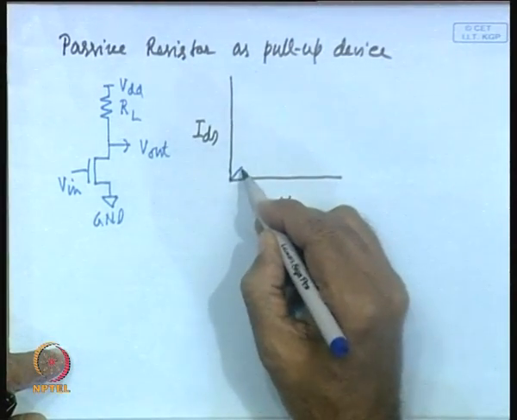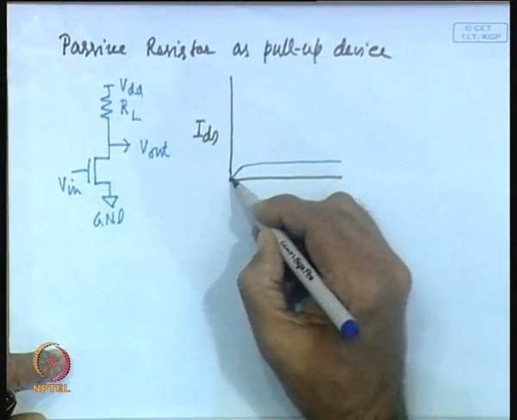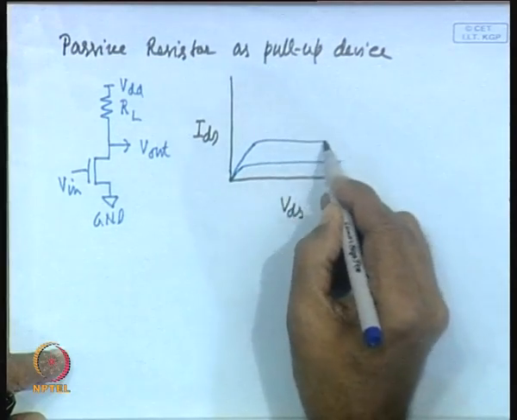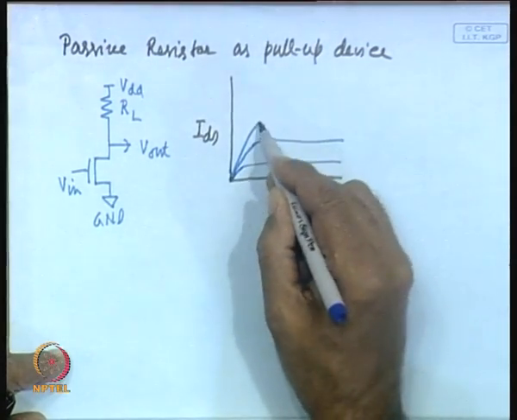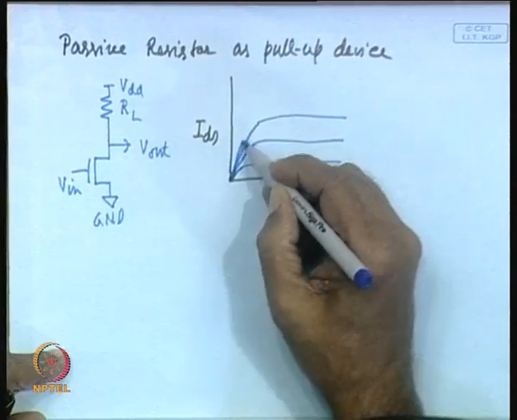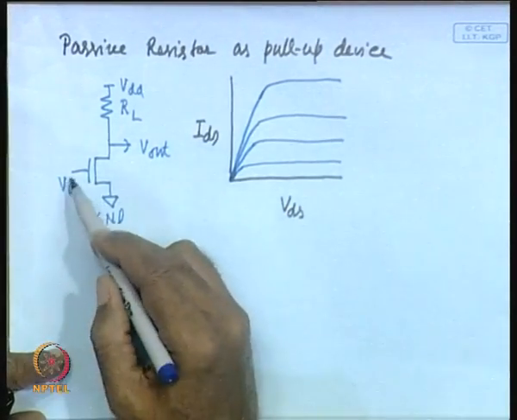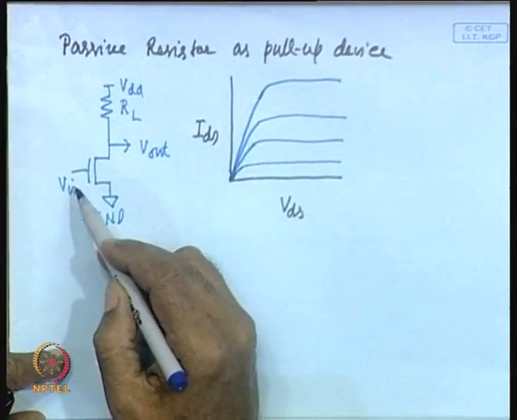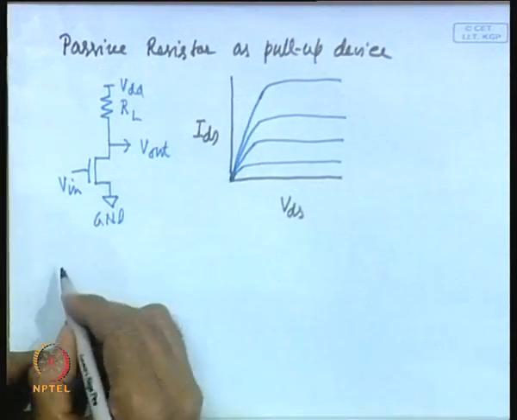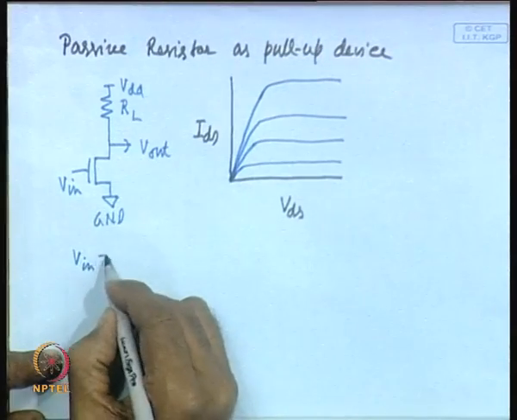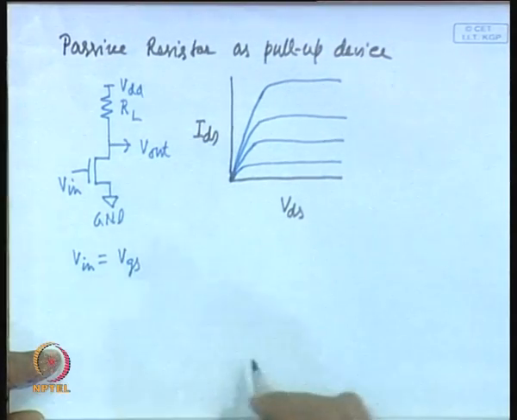So, it will be like this. For different gate voltages you will get curves like this, and the gate voltage will vary depending on the input voltage change. Here Vin is equal to VGS, the gate to source voltage.